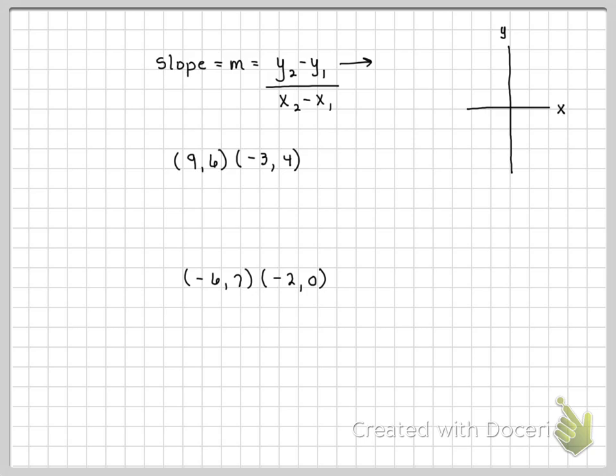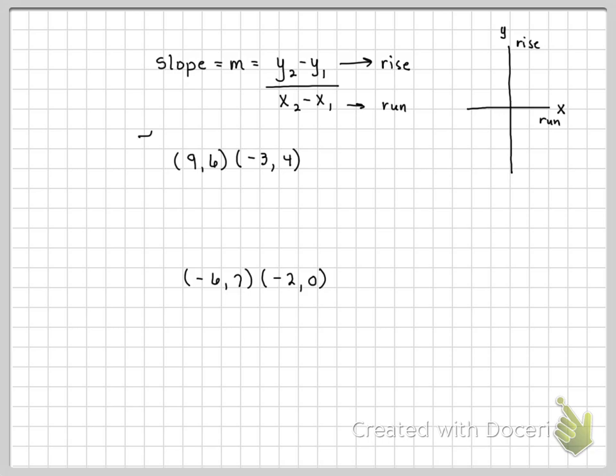So y being up and down is the rise part of the slope. X goes from side to side, so that's the run. So we look to the y coordinates over the x coordinates, because remember, slope is rise over run. So it's the y information from each coordinate over the x information from each coordinate.